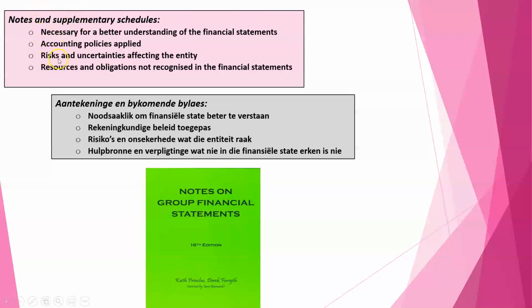Now, in the notes, risks and uncertainties must also be discussed. Let's say, for instance, this entity that we're working with has one major client. So income from a major client makes up 50% of the total earnings of this entity.